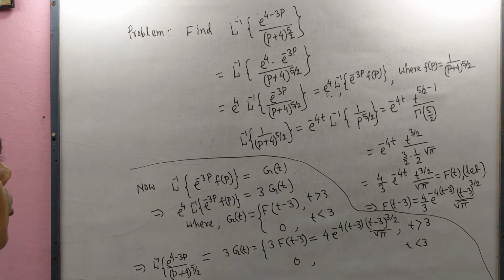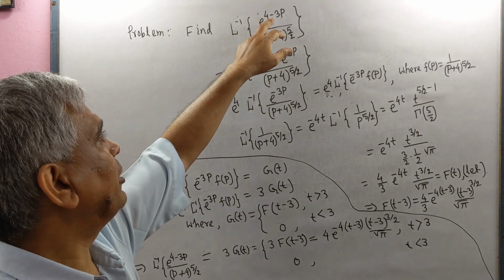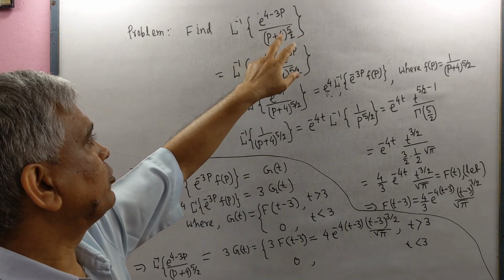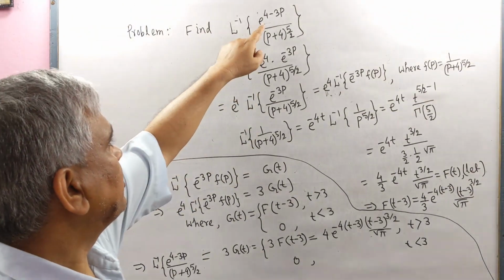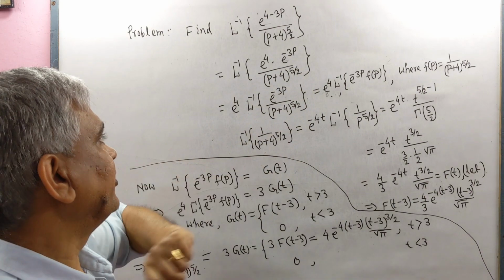Now we solve a problem related to the second shifting theorem of inverse Laplace transformation. The problem is L inverse e to the power (4 minus 3p) by (p plus 4) to the power 5 by 2. Here we separate e to the power 4 and e to the power minus 3p.